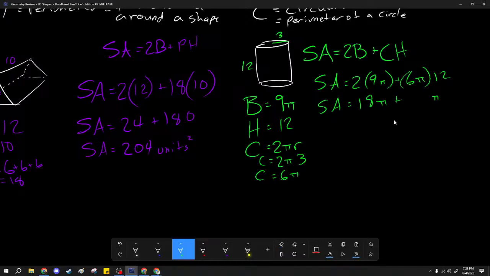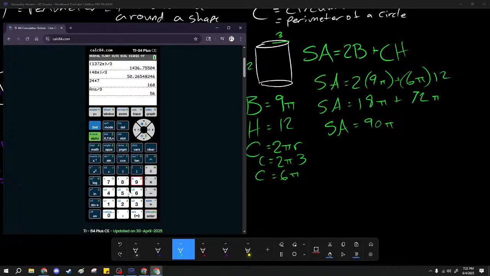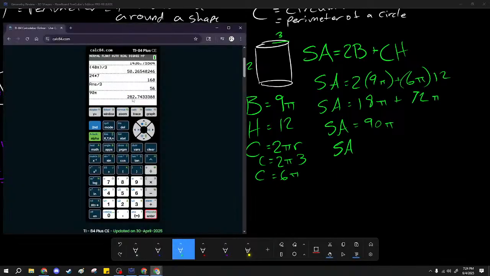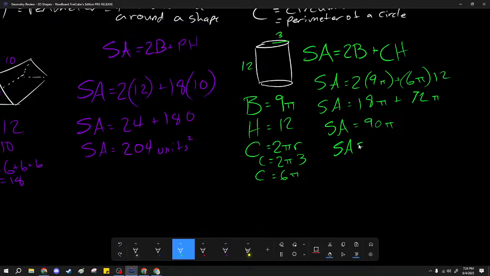I knew that. 72 pi plus 18 pi is 90 pi. We can go ahead to get our decimal answer, plug that in. 90 times pi. We get that our surface area is 282.74 units squared, because we are using area.